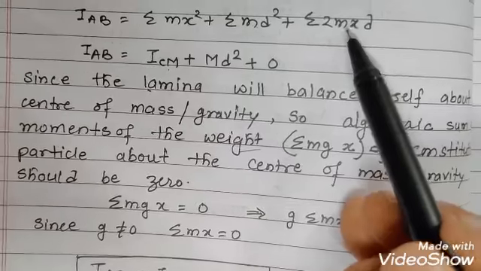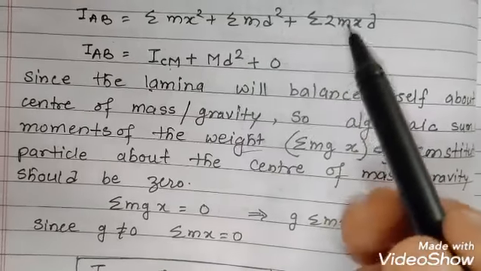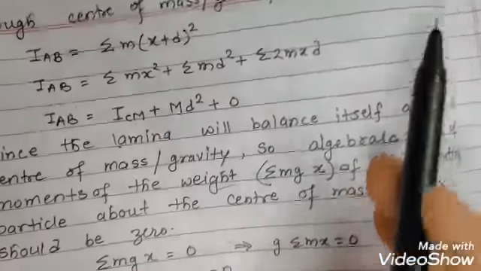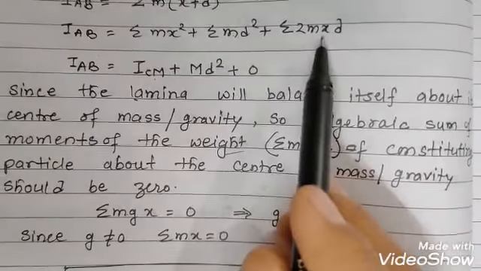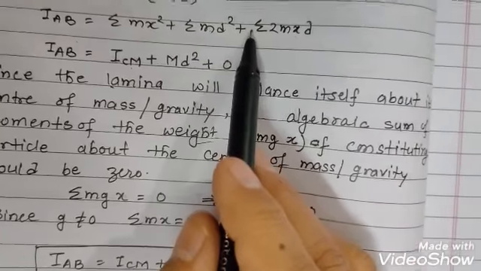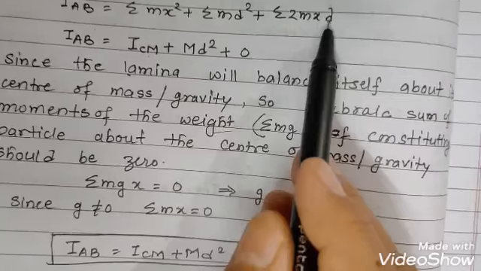And for the term summation 2mxd, another term came, and that will be equal to 0. But why will it be equal to 0? Because in 2mxd, the 2 can come out of the summation, so we have summation mxd.